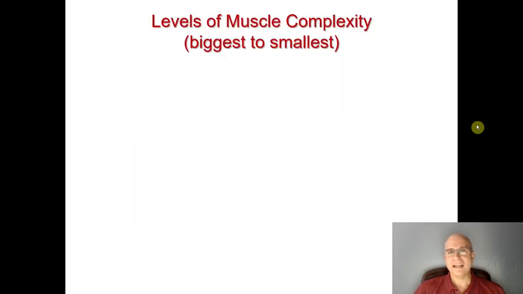So the next thing we're going to talk about is we're going to organize the different levels of muscle complexity. This is going to be important because we're going to be looking at muscles as a whole, and we're going to be looking at muscles at the microscopic level, and actually even pretty high magnification, so really small stuff.